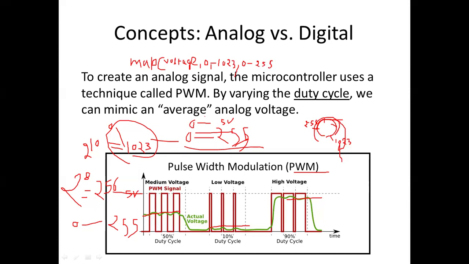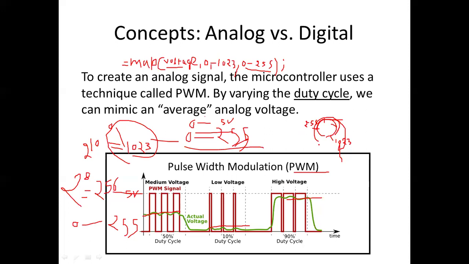So this one is my formula that I have used over here, mapping conversion. We are going to convert this value whose range is 0 to 1023, and convert it in the range of 0 to 255. So using this function, we are going to implement this in the code.